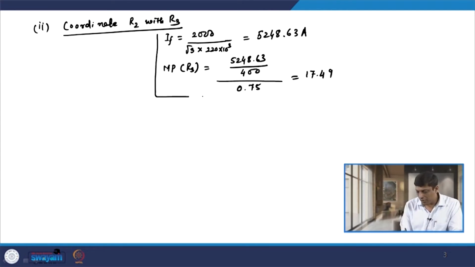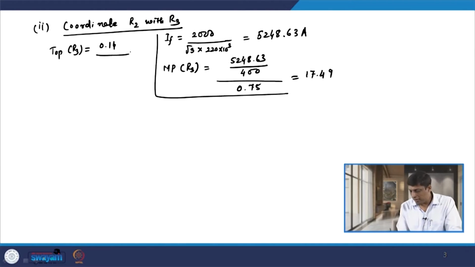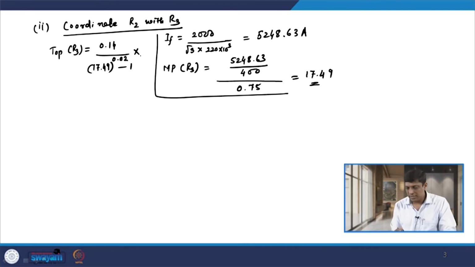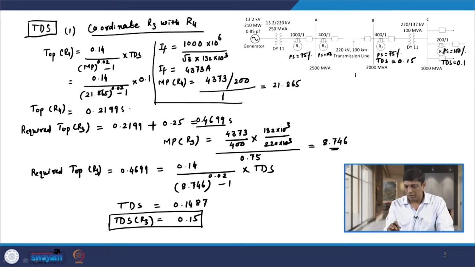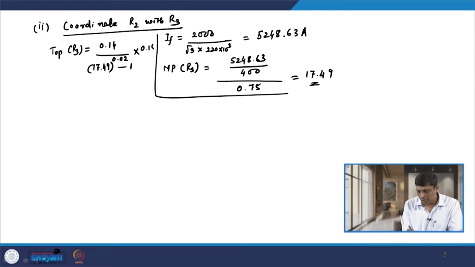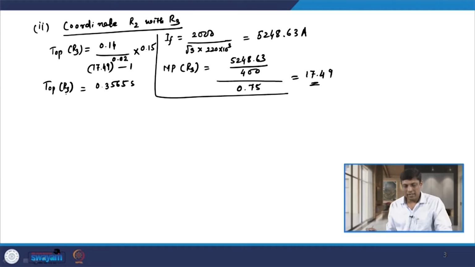With this value, let us calculate the time of operation of relay R3: 0.14 divided by MP, that is 17.49, and the whole raised to 0.02 minus 1, into TDS. The TDS of relay R3 we have already calculated and marked, that is 0.15. So we put in the value 0.15. If I solve this, we have the value 0.3565 second.